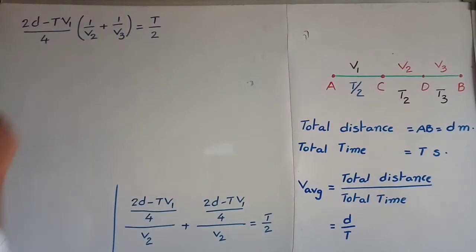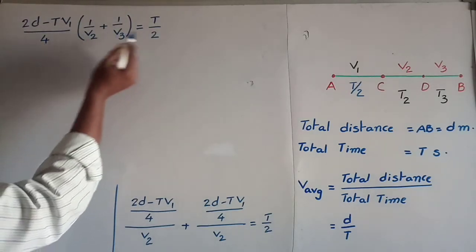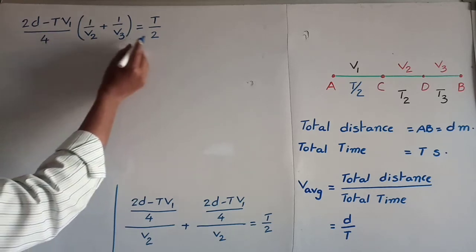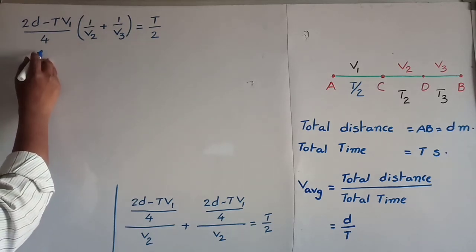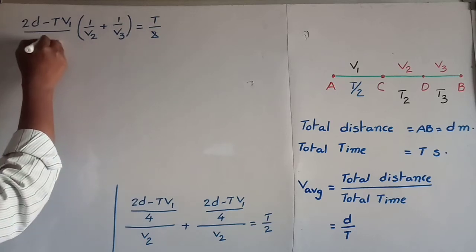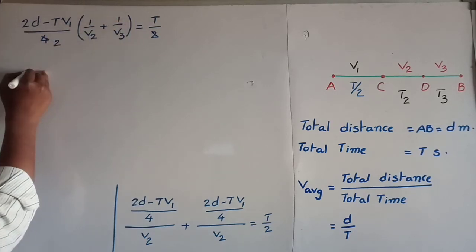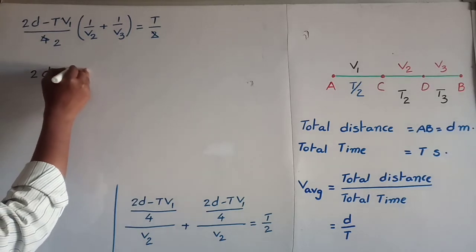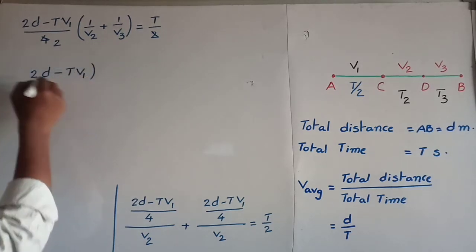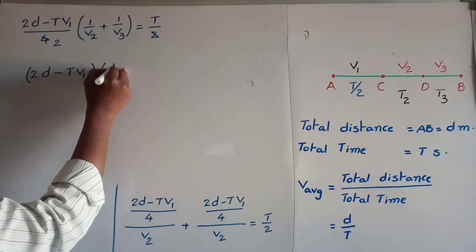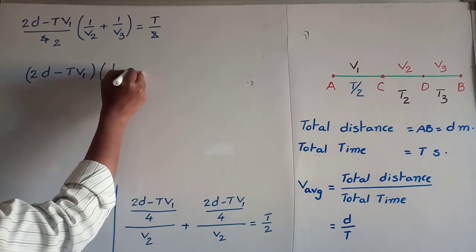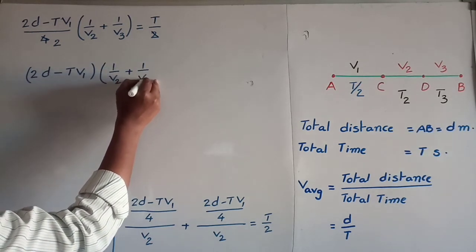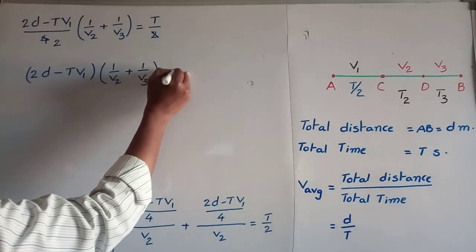So here the 4 and 2 get cancelled, and cross multiplying we get (2D minus TV1) into (1 by V2 plus 1 by V3) is equal to 2T.